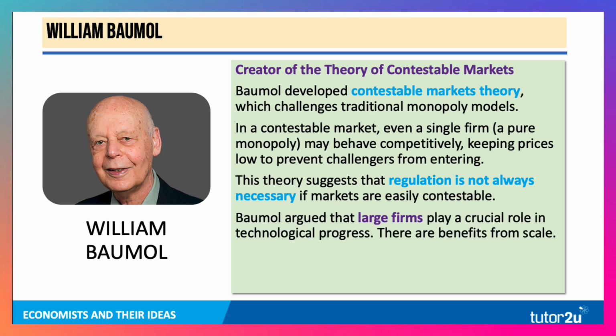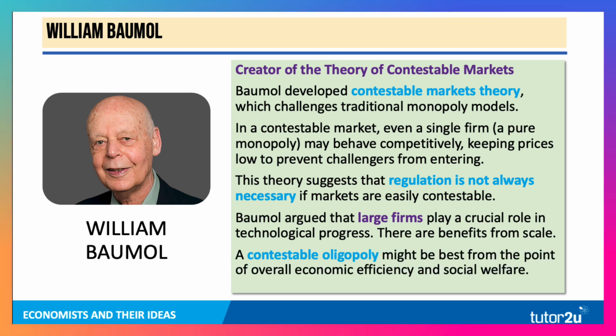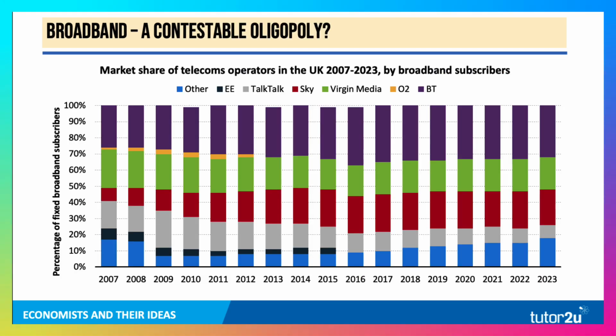But Baumol was not against having large firms. He argued that large businesses operating at scale can play a crucial role because there are benefits from economies of scale. And he made the point that a contestable oligopoly might be best from the point of overall efficiency and social welfare. If we think about an industry like telecoms in the UK, it is an oligopoly.